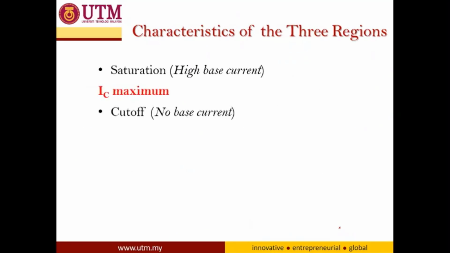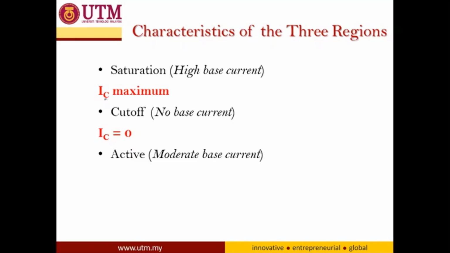The last one is the characteristic of the three regions. We have saturation, which has high base current. Why is the base current high? Because both junctions, base-emitter and collector-base, are in forward bias. So most of the carriers diffuse towards the base, and it produces a high base current.